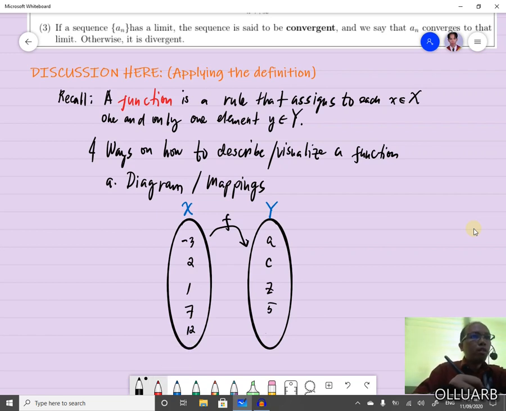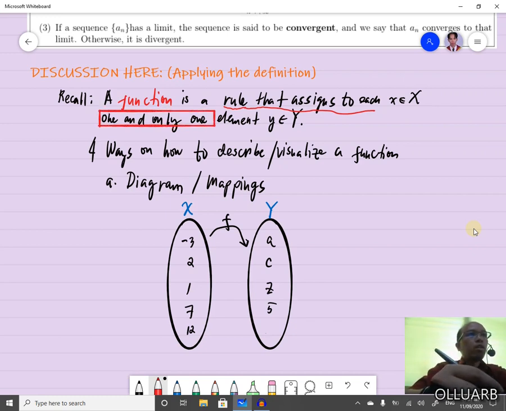So when you say a diagram and when you say a function, the word there is, it is a rule that assigns to each, meaning to say every element of the domain must be mapped to one and only. So as you can see, the keyword there is one and only one element.